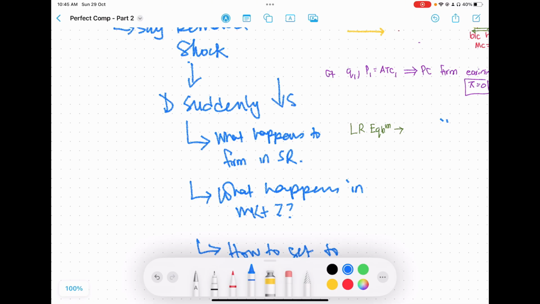What I'm asking you to do is the reverse case: suddenly there's a demand shock, demand falls, and this leads to an economic loss. If firms are making an economic loss, that means that some firms will be induced to leave the market. When that happens, supply will shift leftwards, and when supply shifts leftwards, well, do the rest of the analysis and see how you can bring about an equilibrium again.